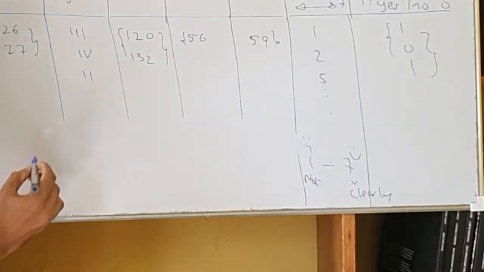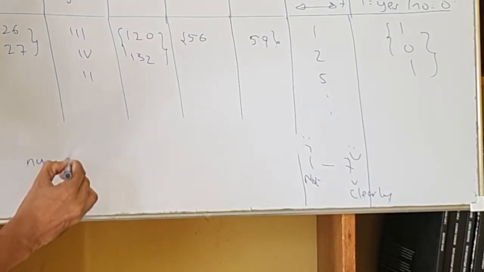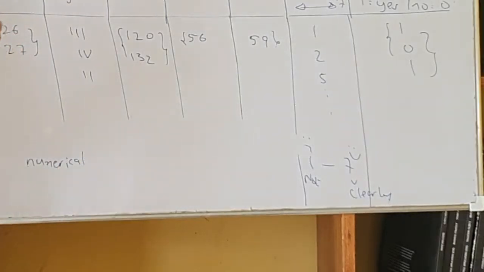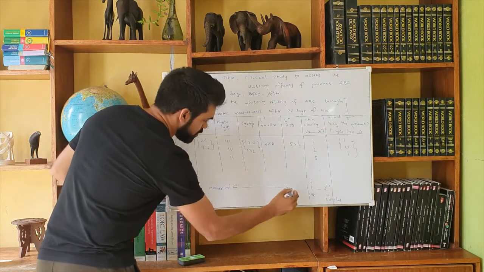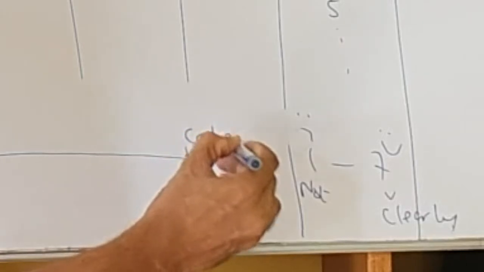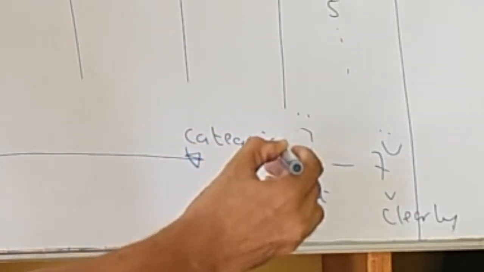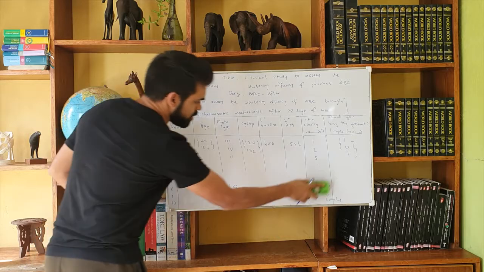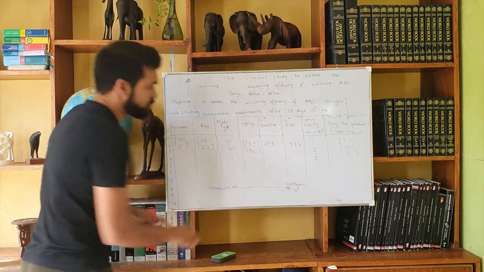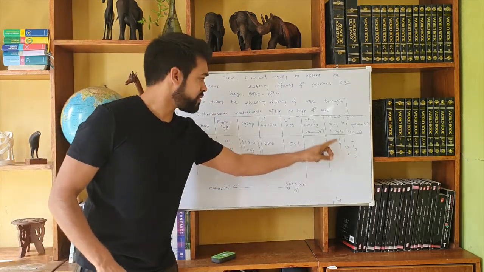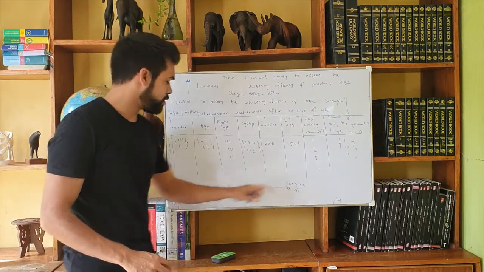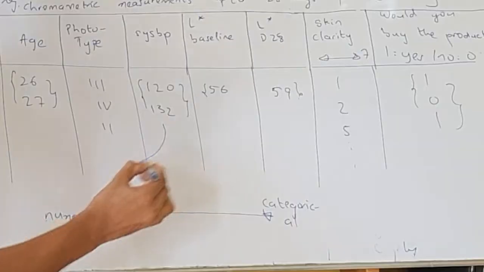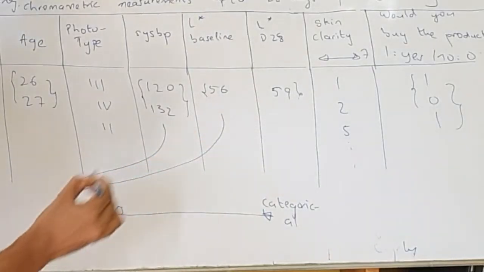On one extremity, you've got variables that are purely numerical, and on the other side of the spectrum, you've got variables that are purely categorical. Like 1, 0, that is yes and no. Male, female. These are purely categorical. Numbers, these variables would come here.